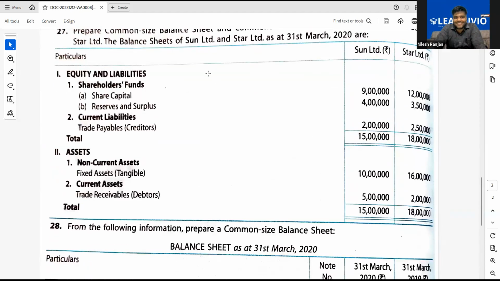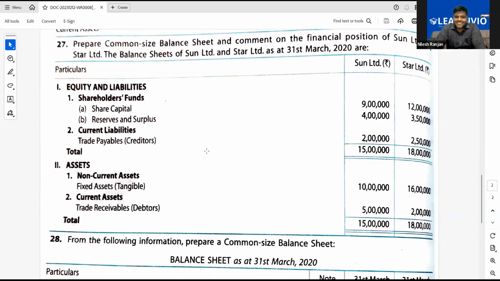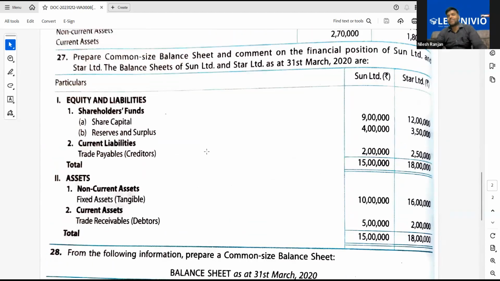Okay, solve question number 27. Actually, the format is already given. You just have to change the fixed assets. It will be property, plant, and equipment. So change that in the format, and all other items will be the same.